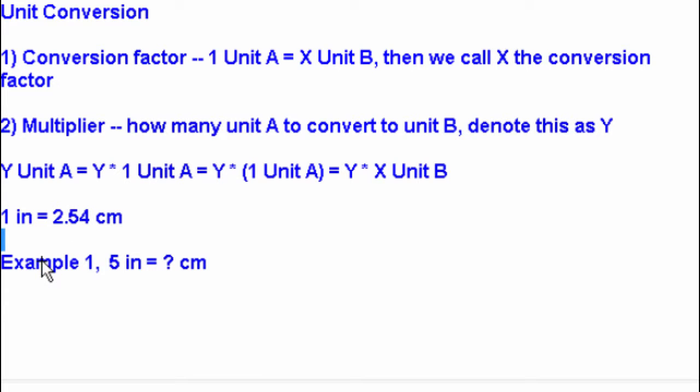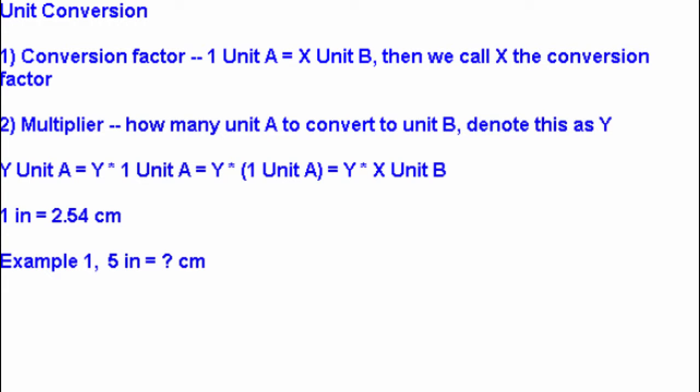Tying it back to our definition, 1 unit A is equal to x unit B. Here in our inch to centimeter example, unit A is inch, and it is equal to 2.54 unit B, which in this case is centimeter. So our conversion factor in this example is x.